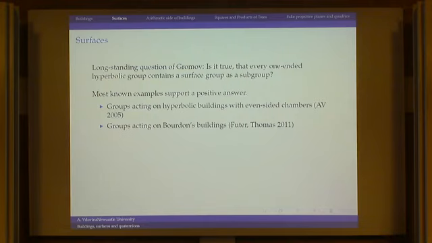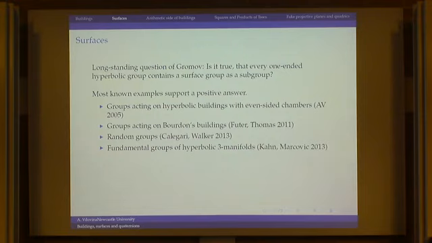Of course, regarding the history of this subject, I apologize to anybody whom I didn't cite, because there are a lot of papers in this subject. With relation to hyperbolic buildings, it was shown for even-sided chambers, for any groups acting on Bourdon buildings, by Futer and Thomas in 2011; for random groups by Calegari and Walker; then Kahn and Markovic for fundamental groups of hyperbolic three-manifolds; Henry Wilton showed it for graphs of free groups with cyclic edge groups.